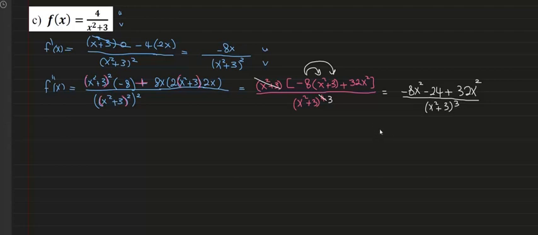And we might still further simplify this in order to combine the negative 8x squared plus 32x squared in the numerator to get 24x squared minus 24 over the same bracket. Now that's the simplified second derivative, which we will use in finding the inflection points and the concavity.